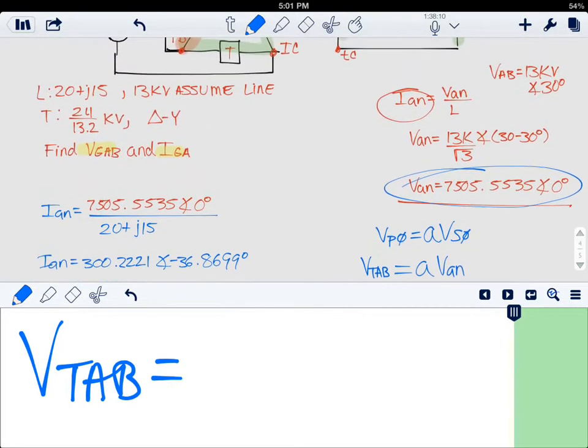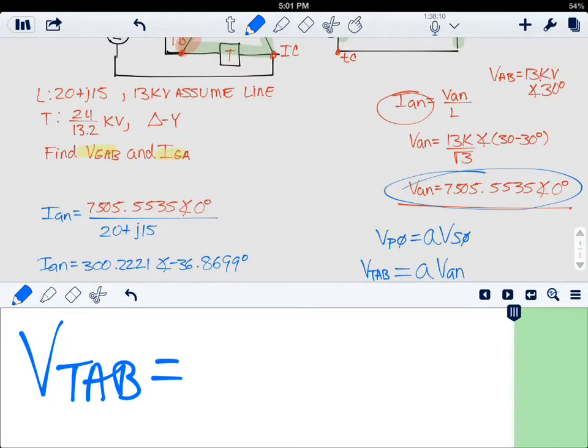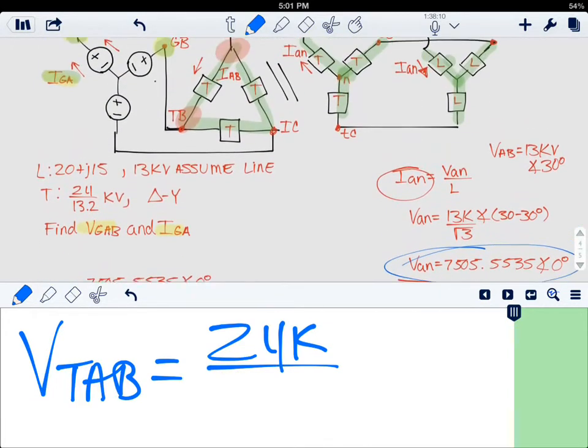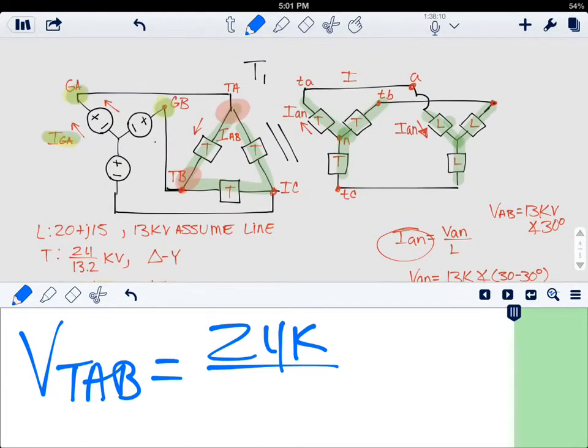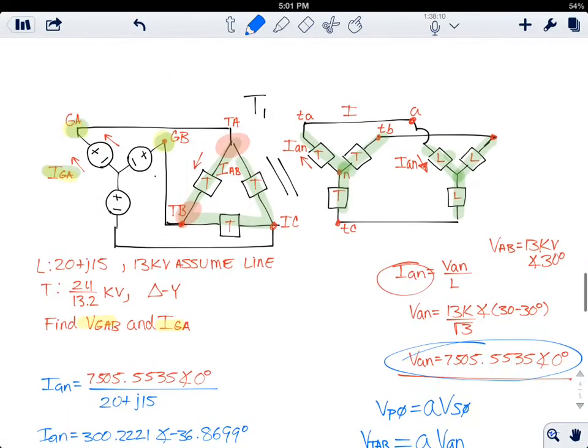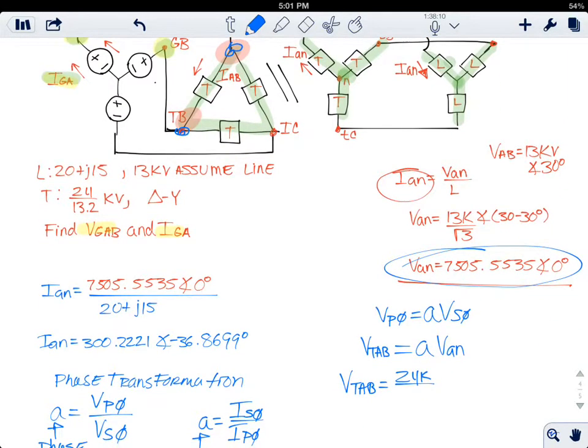The gain are always given in line to line, so we have to analyze these 24,000 volts. Is it line to line in the primary? And effectively, yes, it's line to line.